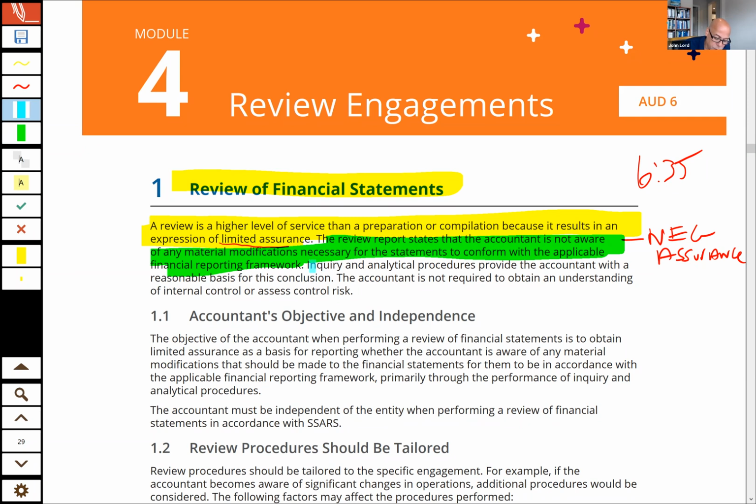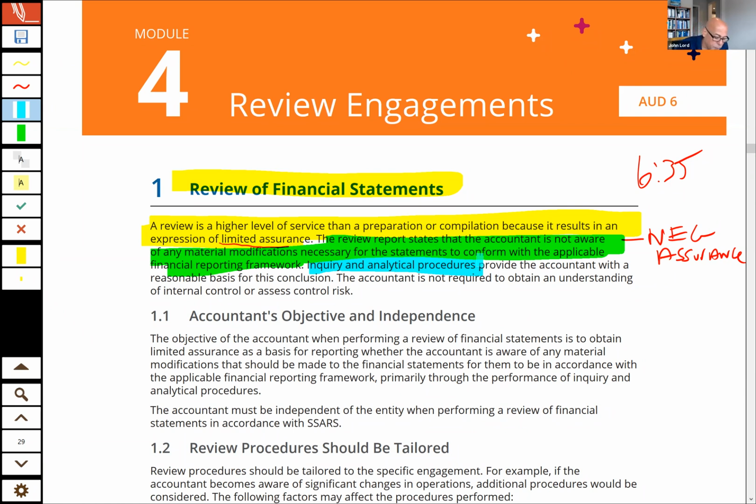What we're going to do is provide inquiry and analytical procedures. Some of those questions we looked at, where they said inquire, analytical procedure, were the wrong answer for compilation. If we saw those same procedures being called out in a review engagement, then yes, we would do those.